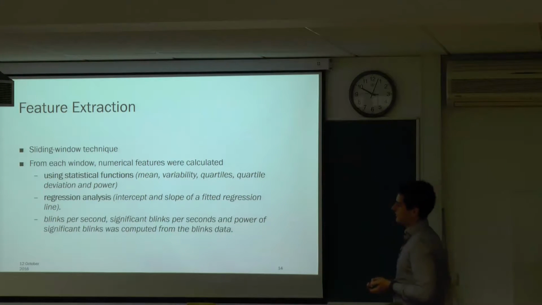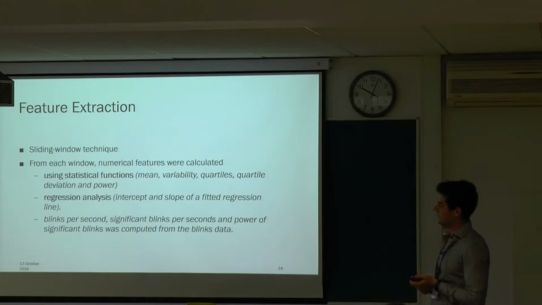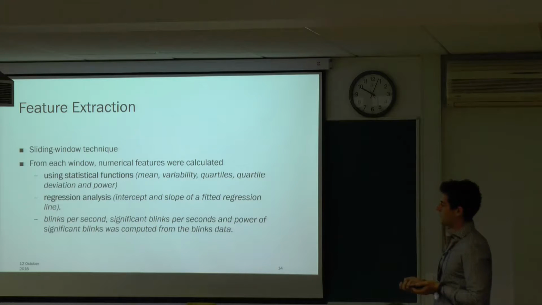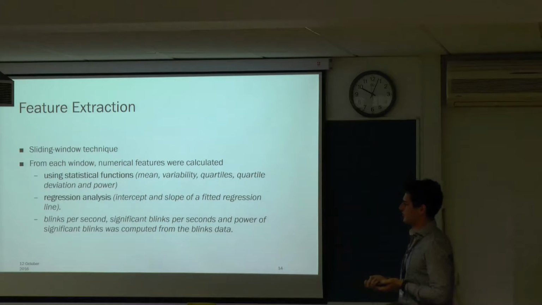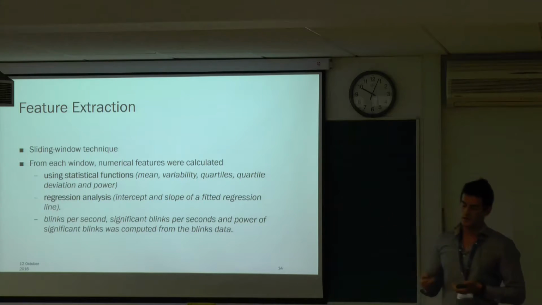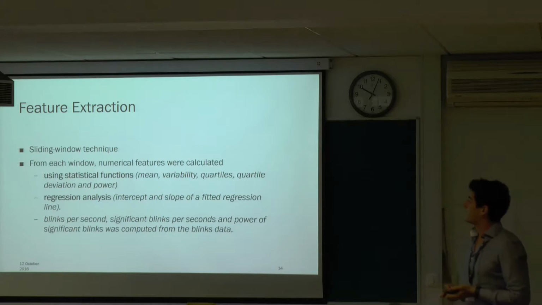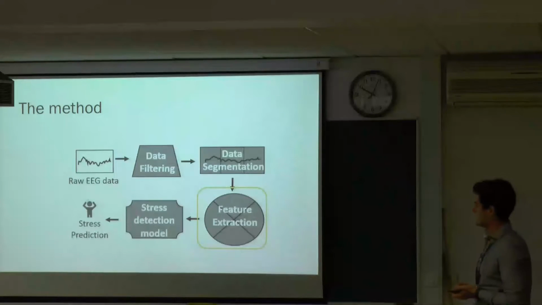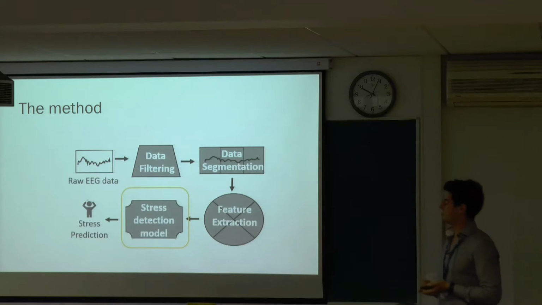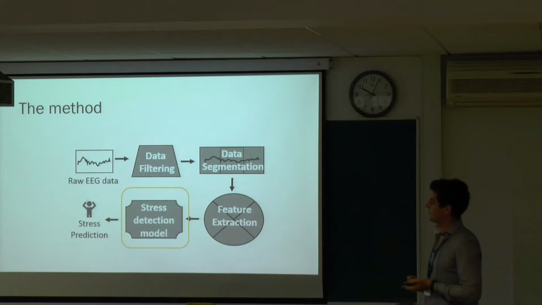Also, we performed a regression analysis for each window, so the intercept and the slope of a fitted regression line, and we also calculated numerical statistics such as blinks per second, significant blinks per second, and so on. After the feature extraction, we already have the data ready to perform machine learning experiments.